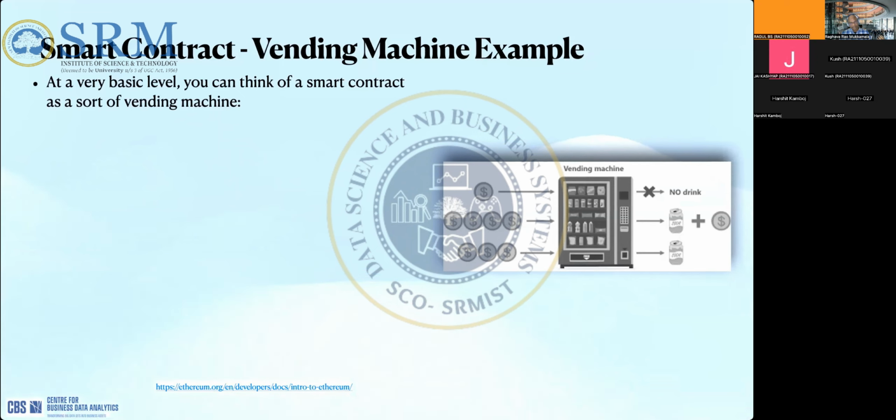So I picked an example to give a concretely simple illustration of what a smart contract is. At a basic level, you can think of a smart contract as some kind of vending machine. What is a vending machine? You have some products and some actions you can make. For example, you can input some coins and get a bottle of Coke, or input more coins and maybe get a packet of chips.